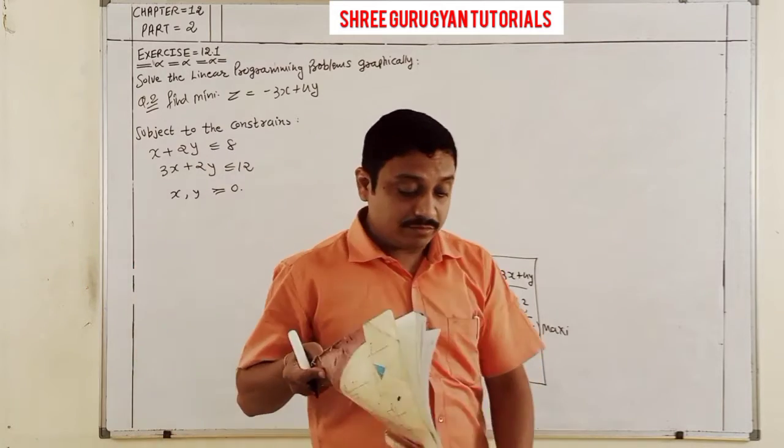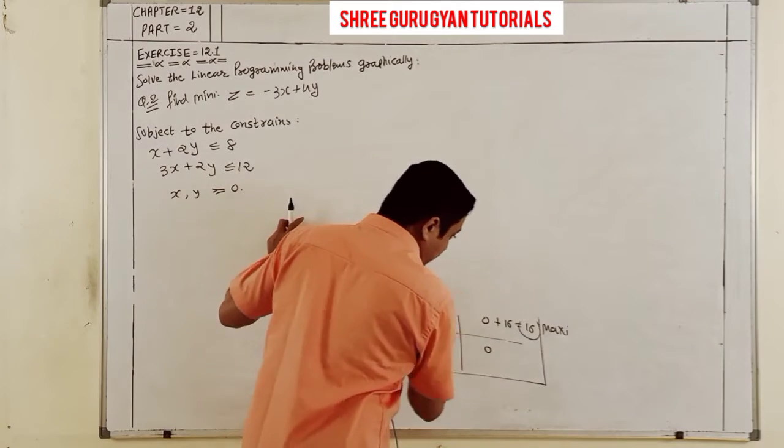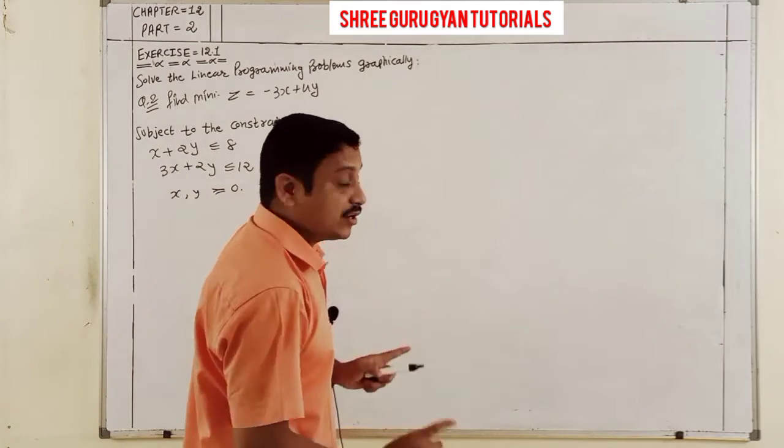I want the minimum value of -3x + 4y. First of all, we draw each line by converting to a table.